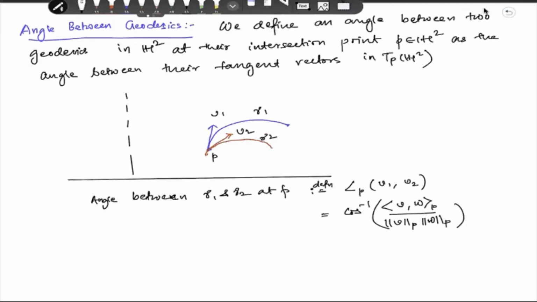Now let us take the Euclidean inner product and observe this thing.